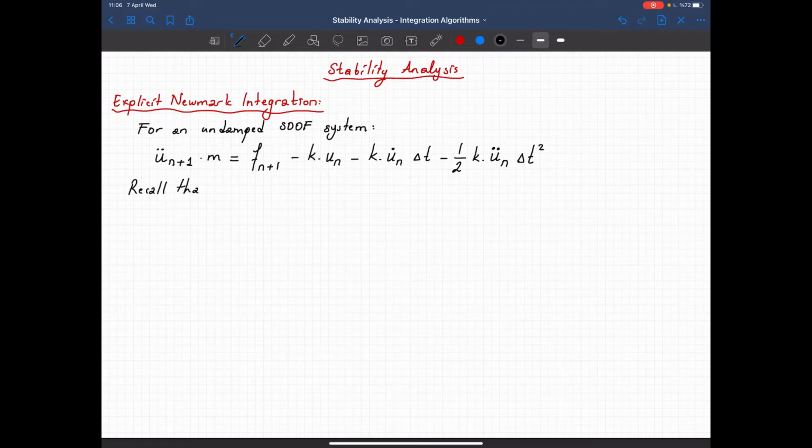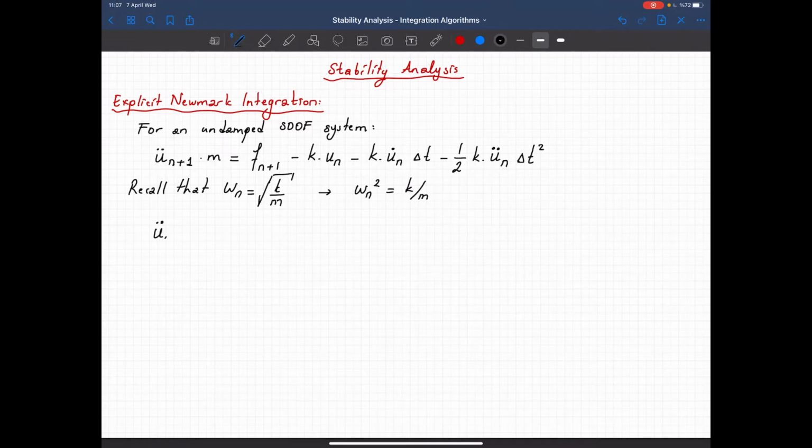the natural frequency omega n is equal to square root of k over m. So I can say that omega n squared is equal to k over m. And I can rewrite the equation of motion as follows.